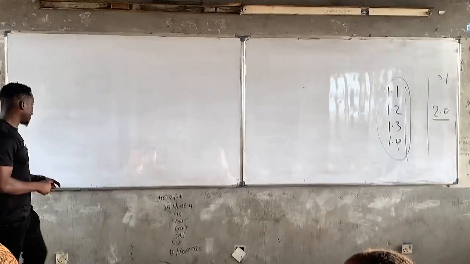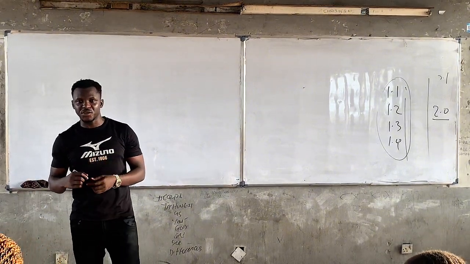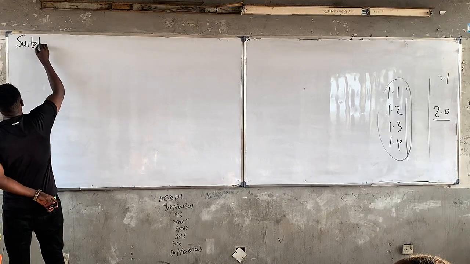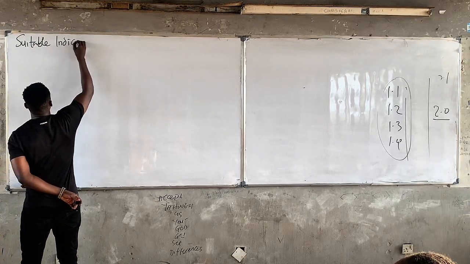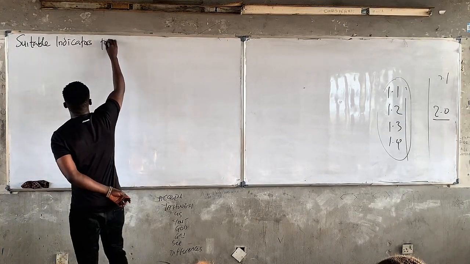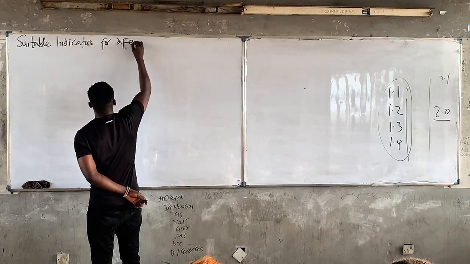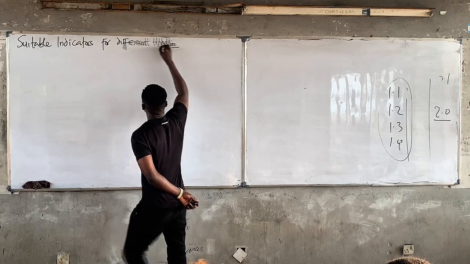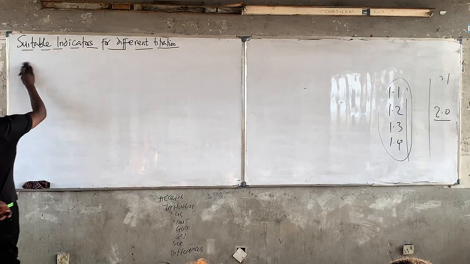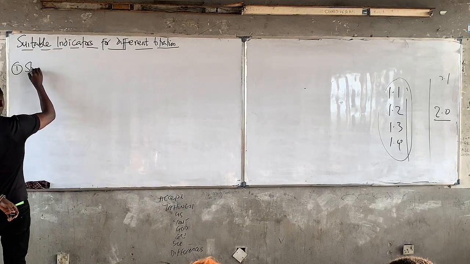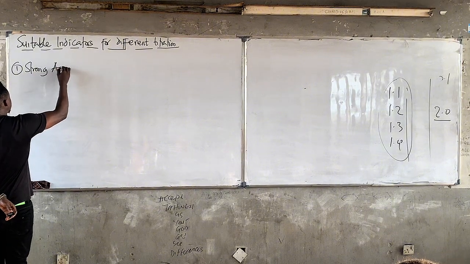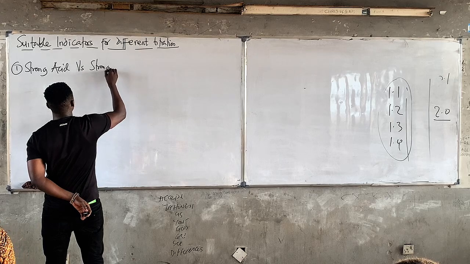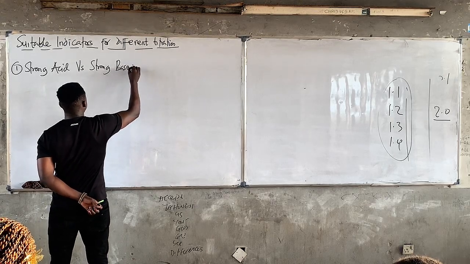All right. So let's look at the suitable indicators for different types of titration. The first one we have is strong acid versus strong base.